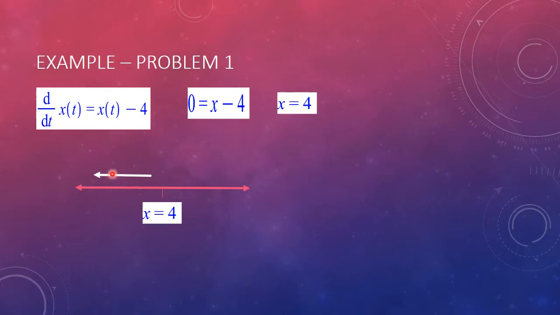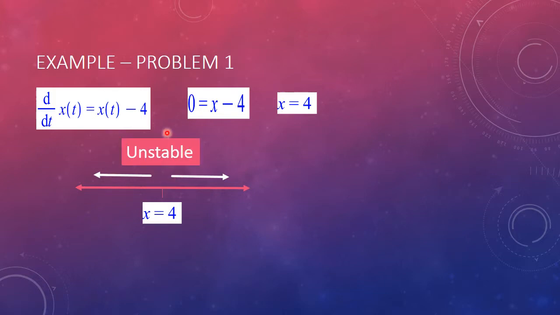So if I check it to the left, say if I put 3 in here, the derivative is going to be negative. So our function has to be decreasing. The slope is negative. And then if I check it to the right, say at 5, I put 5 in here, I get positive values, so our slope is increasing. And at this critical point, you can see it's going away from 4.